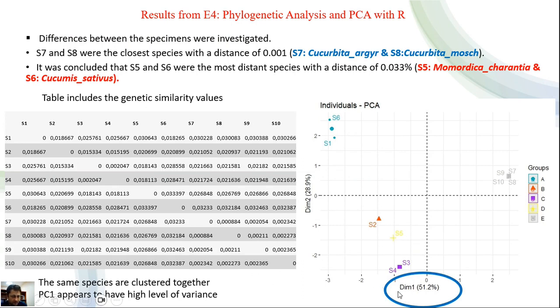The first axis, PC1, is about 51.2% with the great level of variation, and the genetically most similar species belonged to the same genus, while the genetically most distant species belonged to different genera, as we see with Cucumis and Momordica.